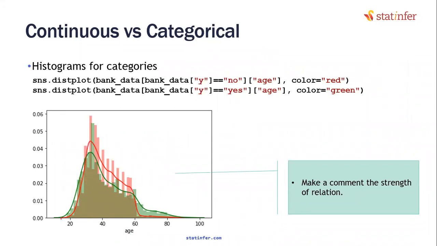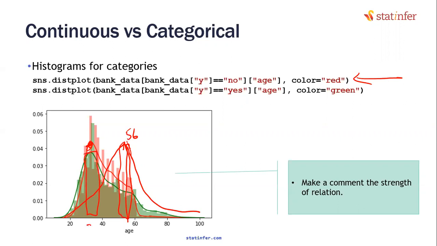Or if you would have seen like this, if the red one goes like this, let's say this is the red one, then you can say, what is red here? People who haven't purchased, most of them have an age around 56 or something. Those who have purchased, their peak age is around 35.